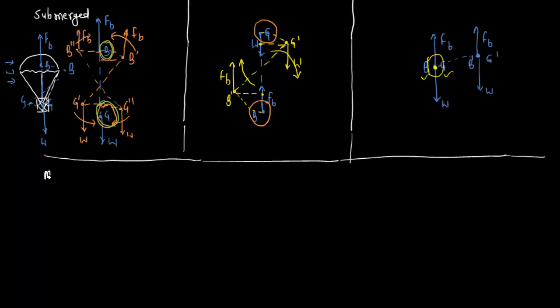So I'm writing metacenter. Now let's suppose this is the free surface of the fluid, and some body is floating in this fluid here.